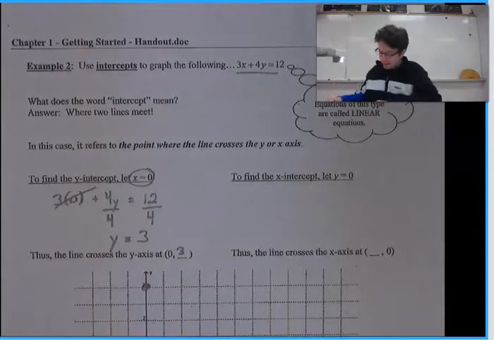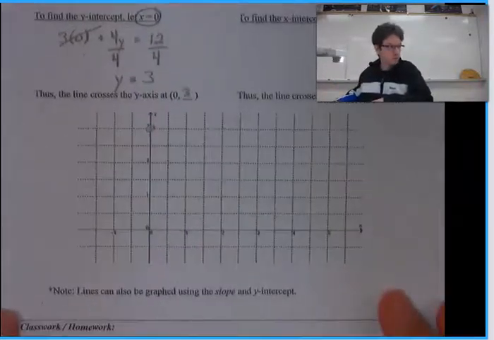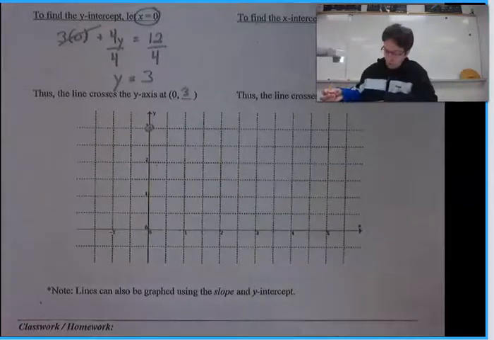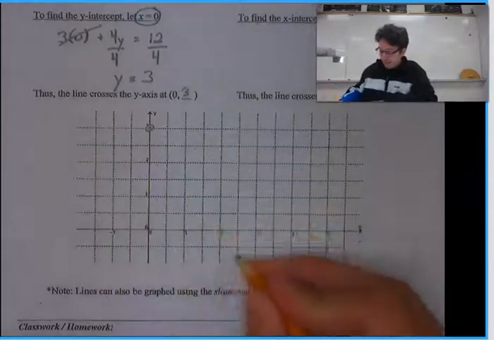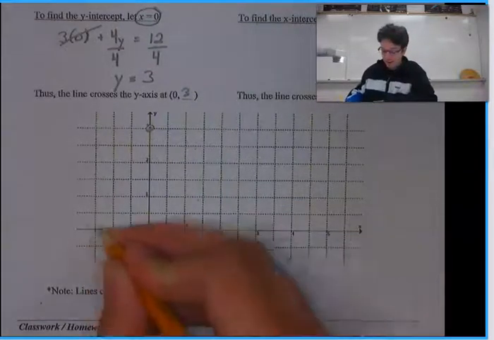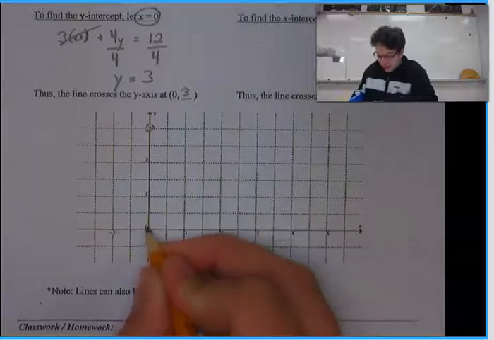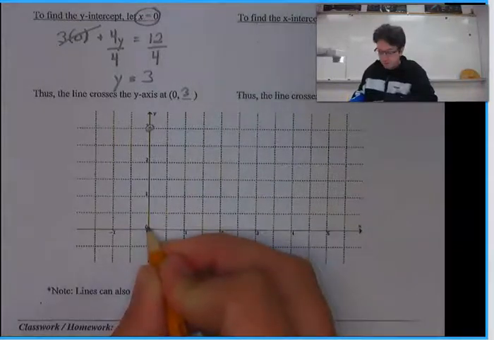Now to find the x-intercept, whatever graph you have, if it goes through the x-axis, whatever point it goes to, just see that the x-axis is on y equals 0.